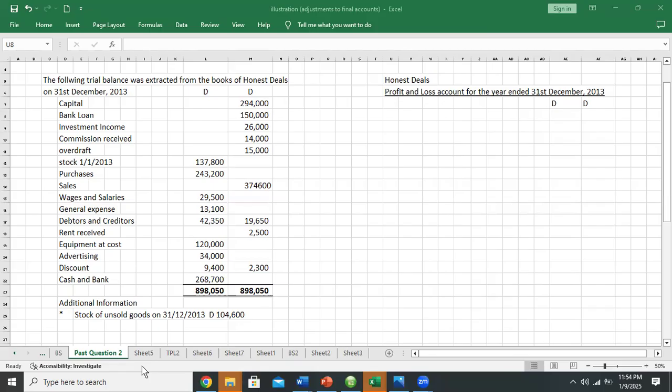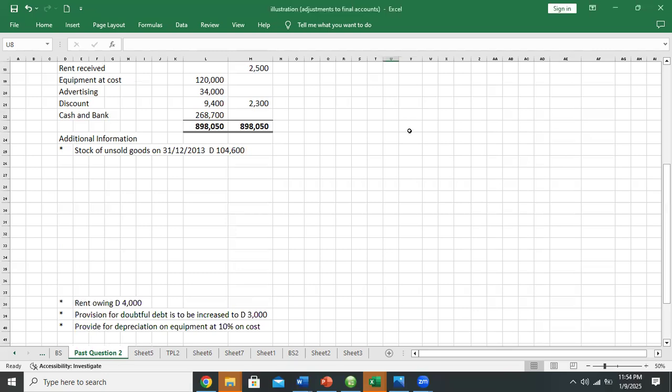Okay, so in accounting, sometimes you have to do what we call workings. So you can go down and do that workings by preparing the trading account for the year ended 31st December 2013.